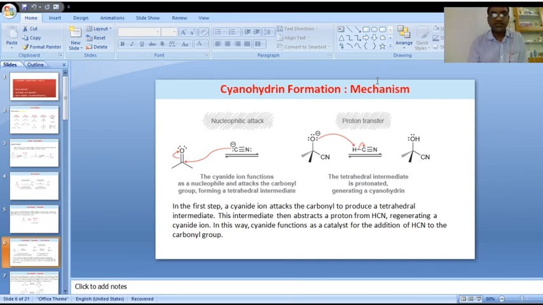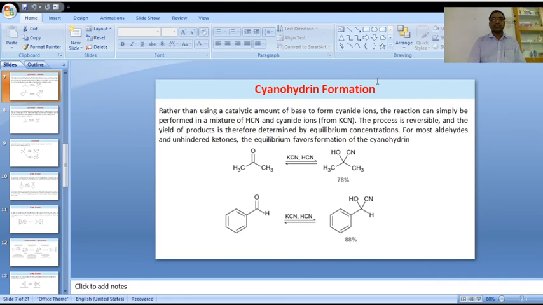Okay, now let us go to the discussion of the same cyanohydrin formation from aldehydes and ketones. The starting material may be an aldehyde or a ketone.